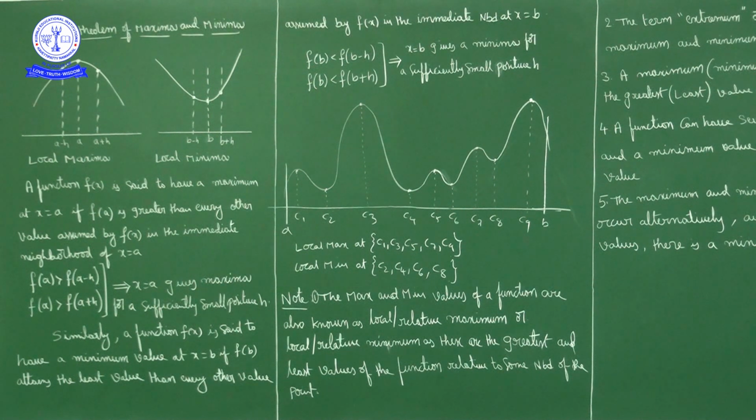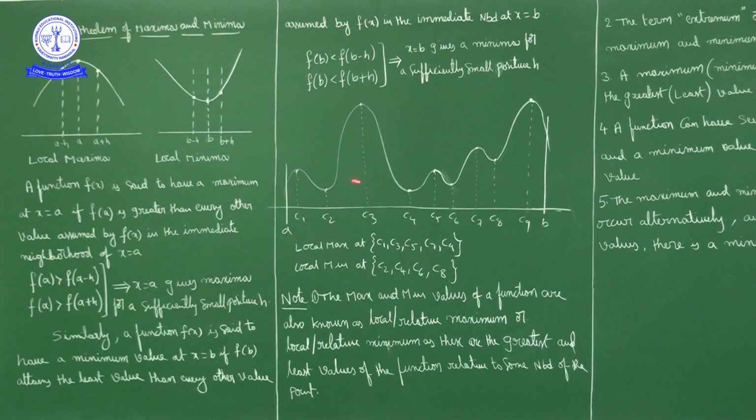One more thing, if you observe, here you have maximum, minimum, maximum, minimum. Local maximum and local minimum occur alternatively. It is a continuous function. Local maximum and local minimum values of a continuous function occur alternatively. Between two consecutive maximums, say c1 and c3, there will be a local minimum.